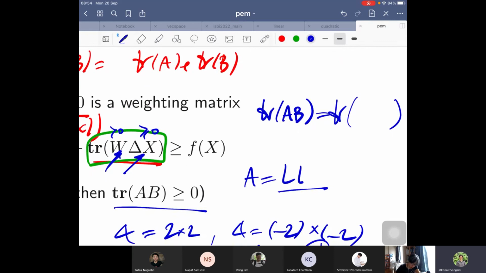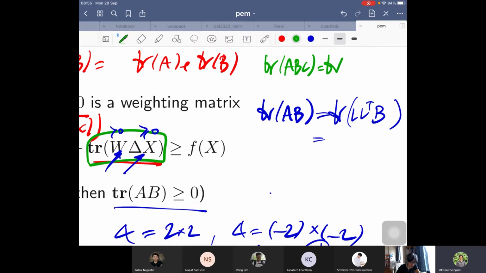Okay, so let me use this term. If A is positive semi-definite, A has a quadratic factor. It has a quadratic form always. So you put L L transpose in here, and then B. But then because of the circular property of the trace, which says that trace of ABC equals trace of CAB, I'm going to move things around.